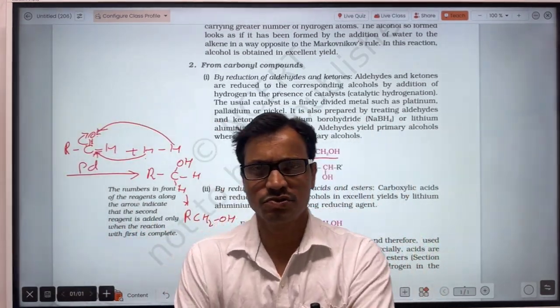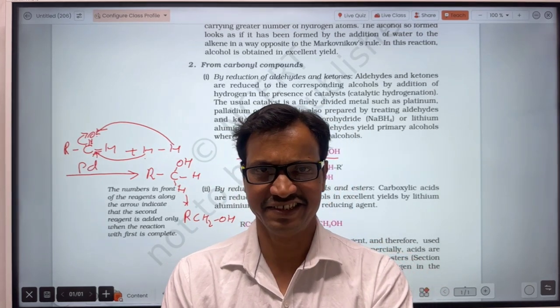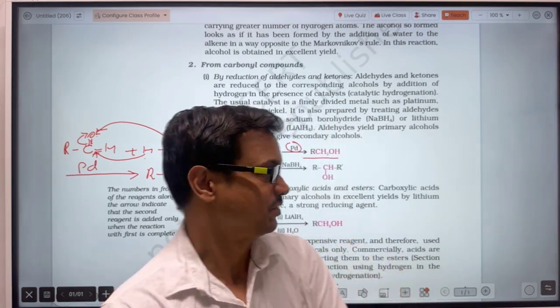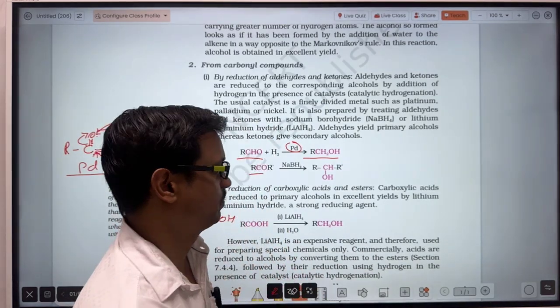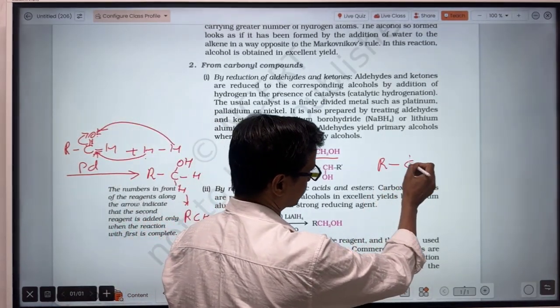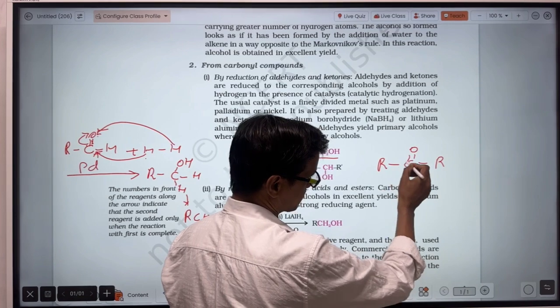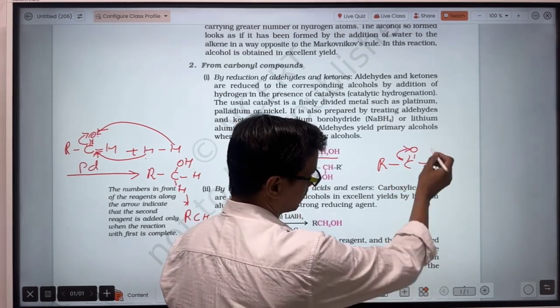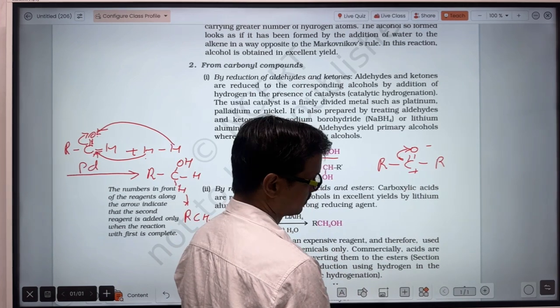But ketone is not as reactive as aldehyde. You will study the reason in the next chapter also, but I am telling you here why. The ketone is R, C double bond O, R. Reactivity is because the oxygen attracts the pi electron, negative charge here, positive charge here.